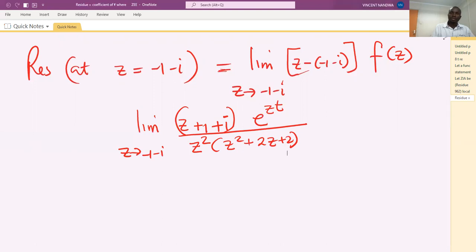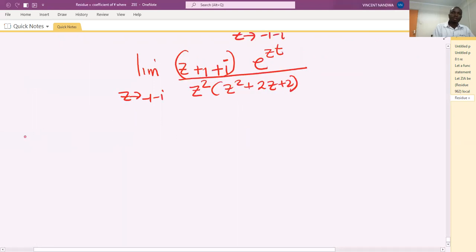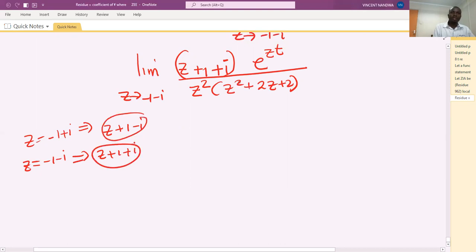But because the roots are z equals -1 plus i and z equals -1 minus i, this implies z plus 1 minus i, taking this to the left, and z plus 1 plus i are factors of this.